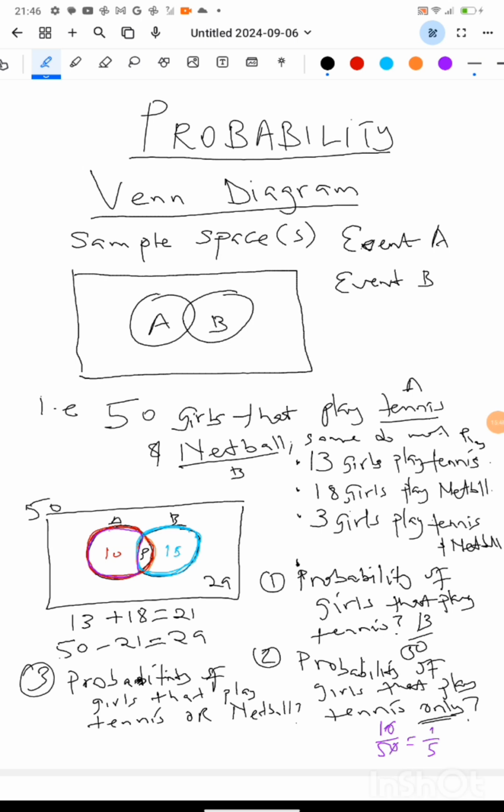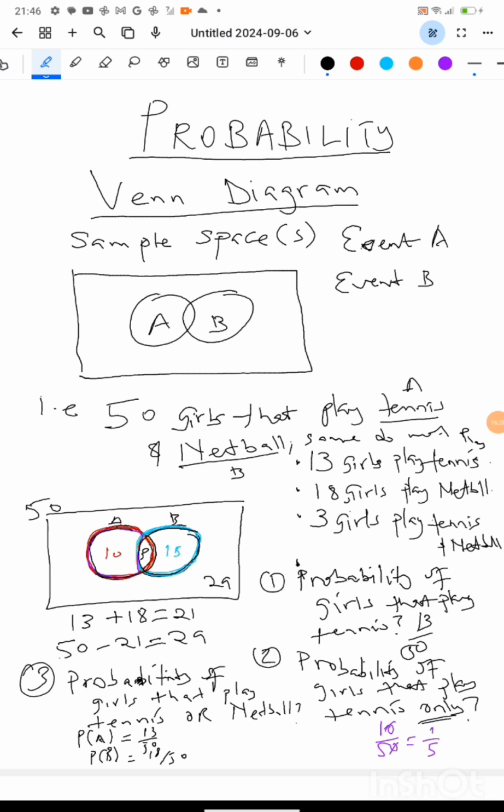So your A is the whole of this, and your B is the whole of this. So what is found in your A is probability of A, which is 13 out of 50, and probability of B, which is 18 out of 50.